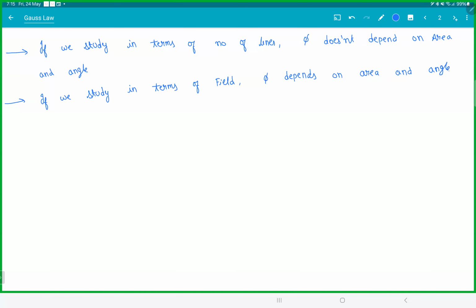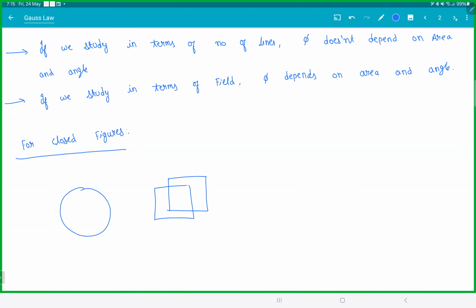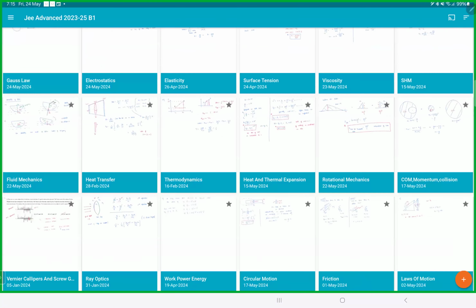Now here the main thing, when we keep saying area vector, how do you define an area vector? If you remember, perpendicular. In vectors, I taught you this for the first time. For closed figures, we take the outward normals as positive. You guys remember? I did this in vectors.